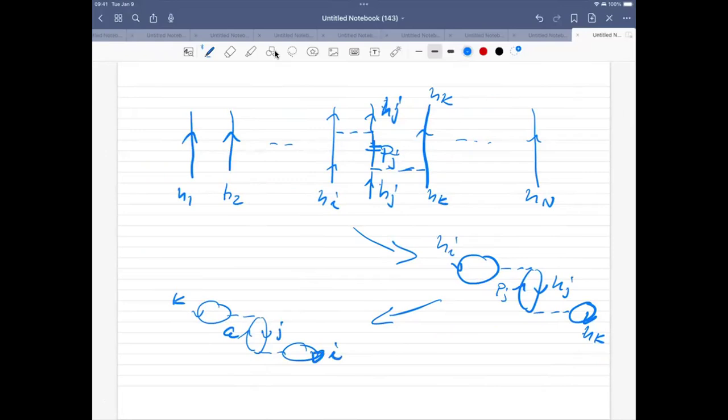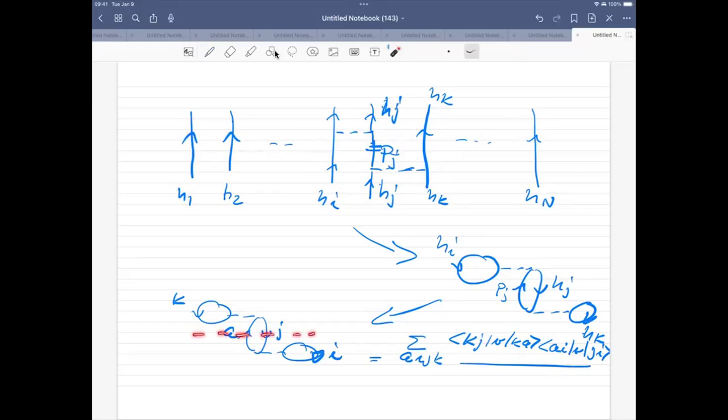So if I look at the expression for this specific diagram, it is going to be given by the same summation over A, and then I, J, K. I'm going to get a matrix element with K here, as before, the outgoing hole line, a J here, and then I have a V, and then I have my incoming hole line, K A. And this is then multiplied with A, and then I have I, a V, and then I have J and I. The denominator is simply given by the difference between the energies of the hole states and the particle states.